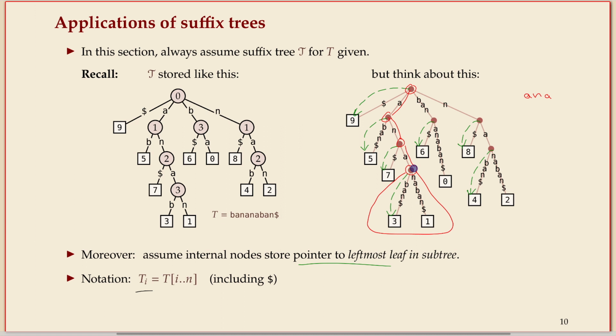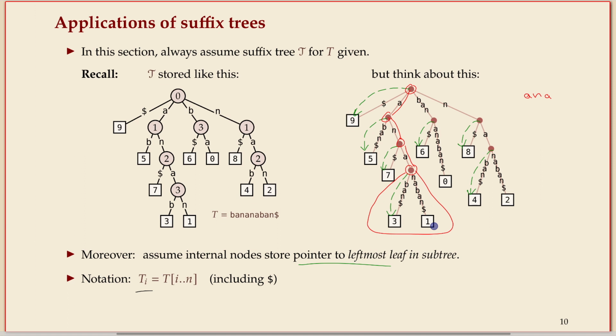So there's some way to continue from A, N, A to a longer string that's stored as one of the leaves. In our case, the leaves are not arbitrary strings, but they are the suffixes of our text. So there are two suffixes in the text that I can find by reading A, N, A and something else after that.